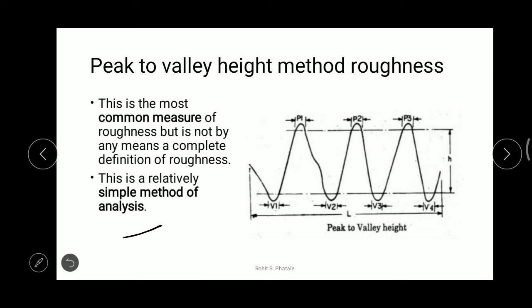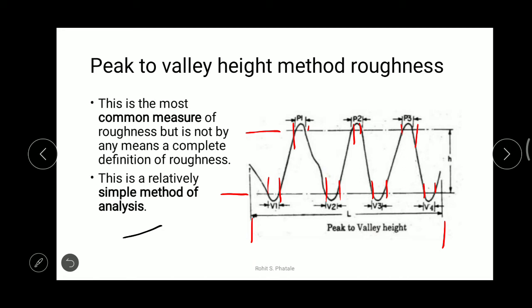And we are finding out some lengths. The first is P1, this is P2, this is P3, and again for valleys also there are some lengths, that is V1, V2, V3 and V4. And this complete length is known as the sampling length.